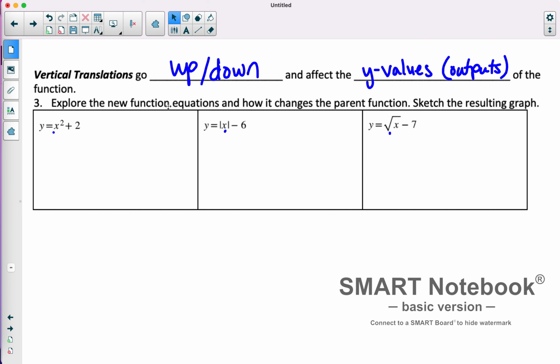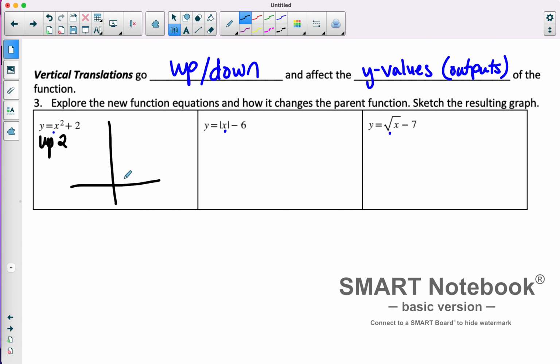So each one of these either moves it up or down. We saw with the plus 2, it moved it up 2. It maintained our quadratic shape, so that part didn't change, but it did go up 2. Minus 6 made it move down 6.